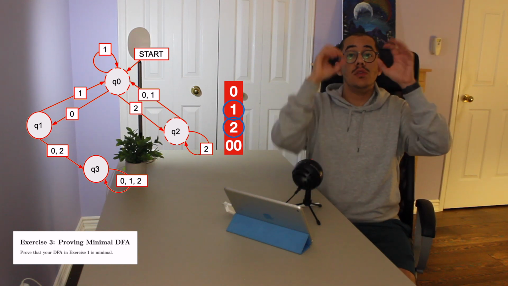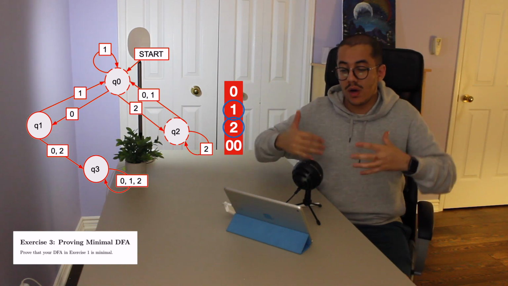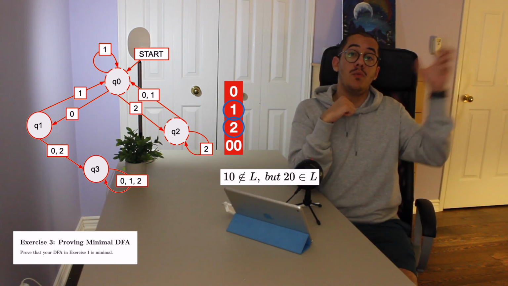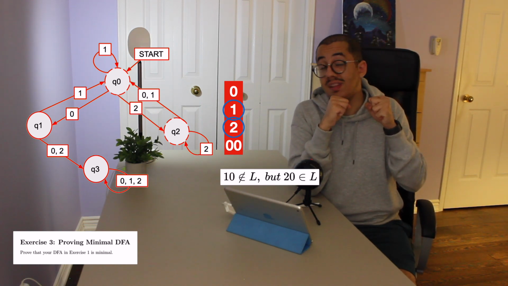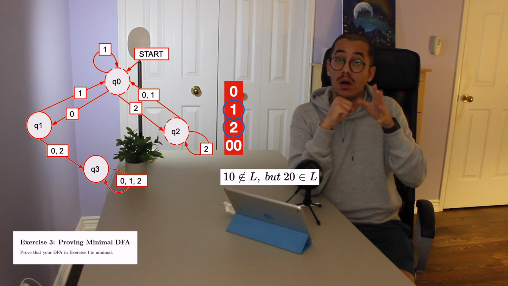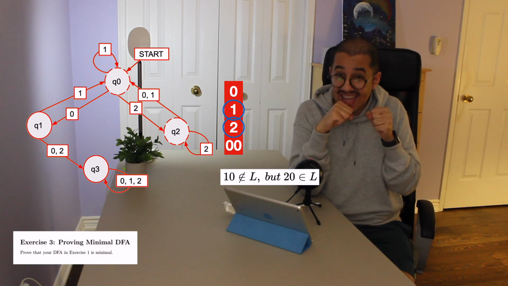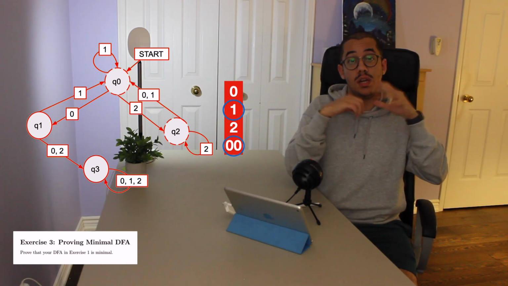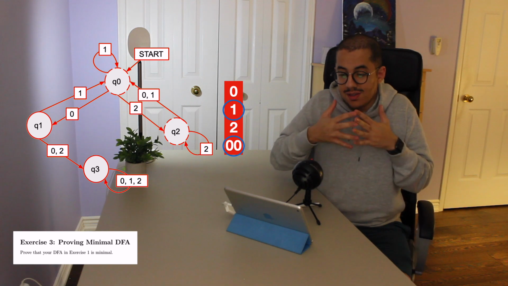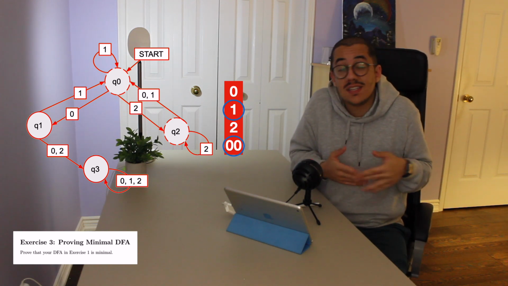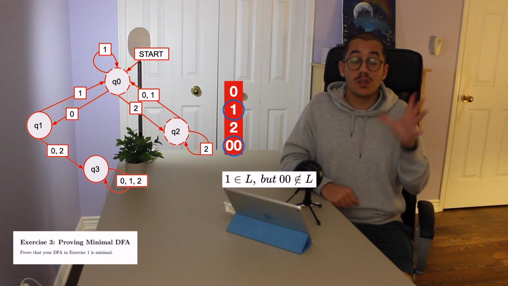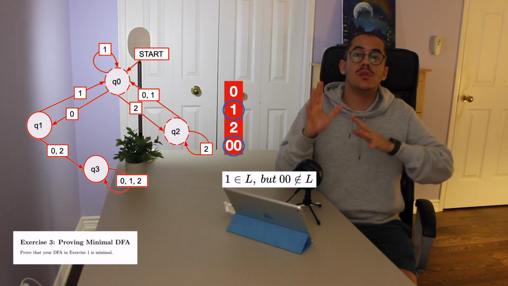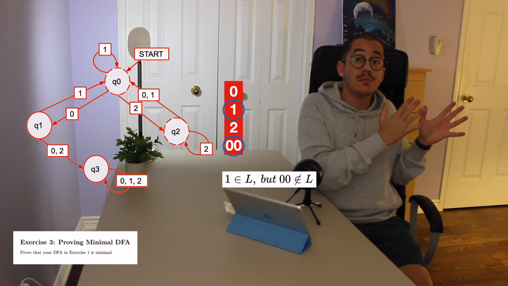And then grabbing 1 and 2, same idea. What is this distinguished by? It's distinguished by the suffix 0. If I grab 1 and 0, that's not part of the language. But if I grab 2 and 0, that is part of the language. And then if I grab 1 and 0, 0 and compare them, the suffix for this is actually going to be epsilon, because 1 is part of the language, but double 0 is not part of the language, for similar reasons I've explained before.